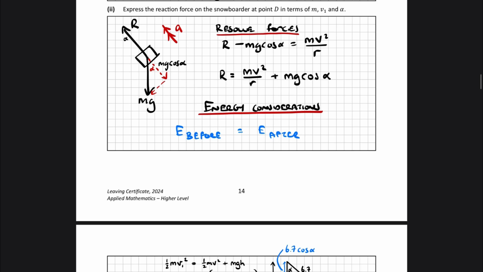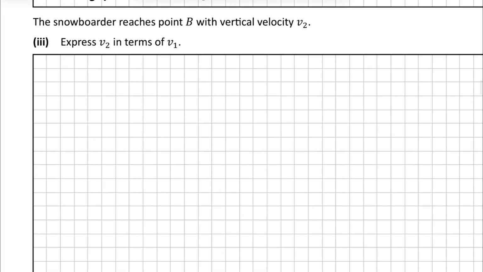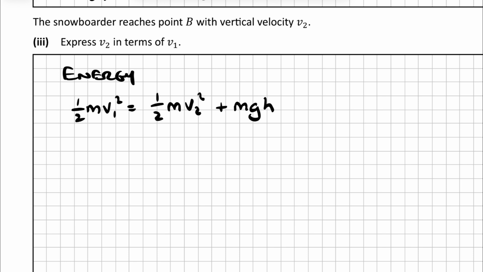So down here, I'm going to say, okay, let's think about energy. At the bottom, it's a half m v1 squared. At the top, it's a half m v2 squared plus mgh, the height we've had to raise him by. So, simplifying that down, I get a half v1 squared equals a half v2 squared plus mg times 6.7.